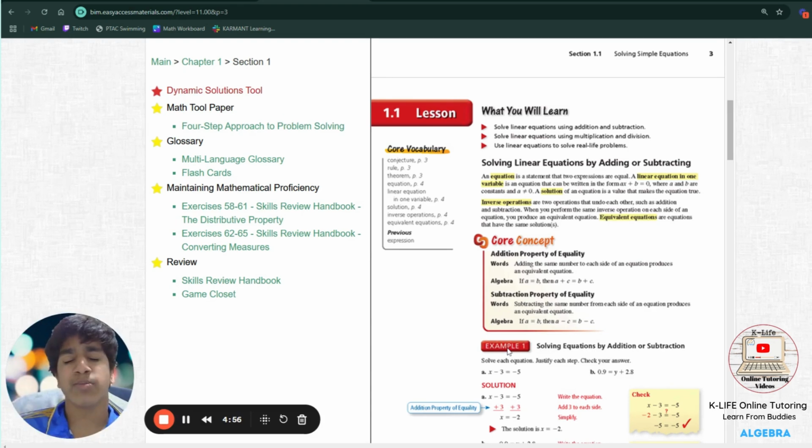The subtraction property of equality is basically the same thing, but instead of adding, you're subtracting the same number from each side to produce an equivalent equation. For example, again I take A equals 10, B equals 10, and C equals 6.